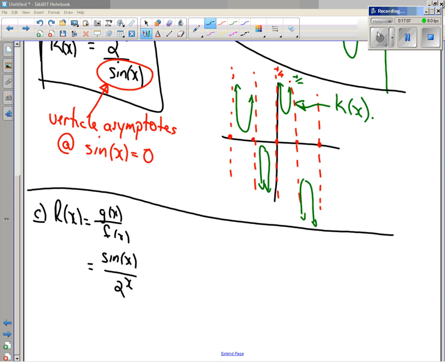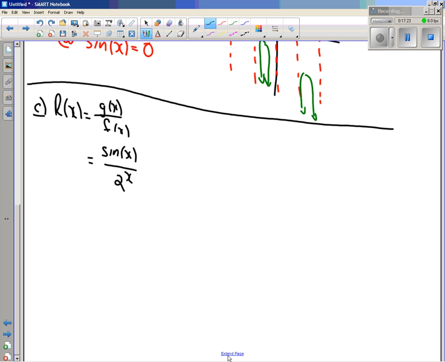Okay, so the last one we're going to do is we'll define L as g over f, which is sine x over 2 to the power x. Now, looking at this one, do we have any concerns with our denominator? Is there going to be any problems there? Why or why not?